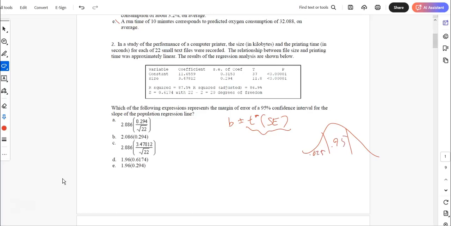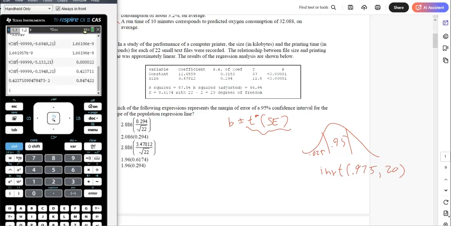This is 0.025, so you go to inverse t of 0.975. And degrees of freedom would be, I guess, 20. So you get out your calculator. Inverse t of 0.975 comma 20 is 2.08.